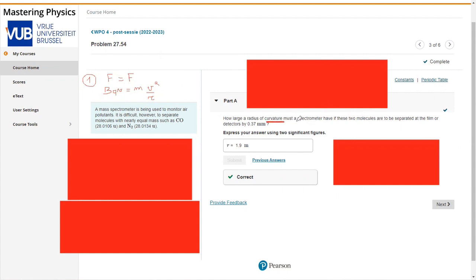These two are the reason why I chose this formula. Okay, let's go for the other one.